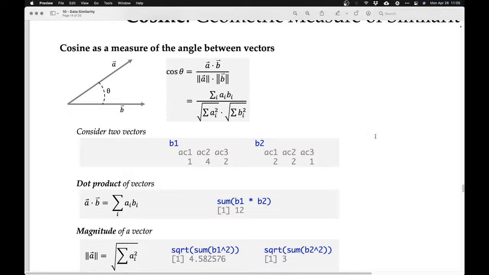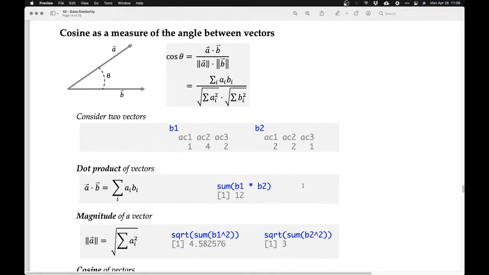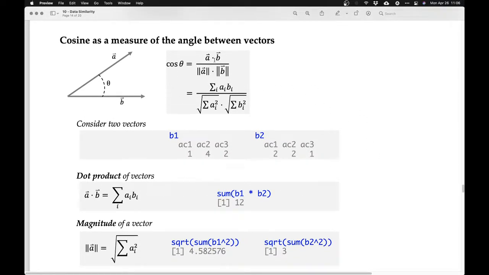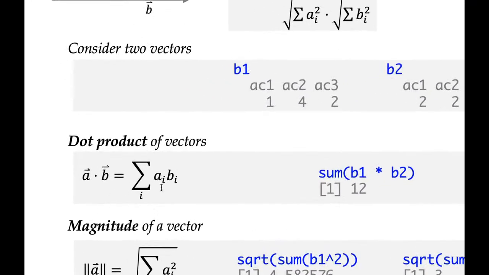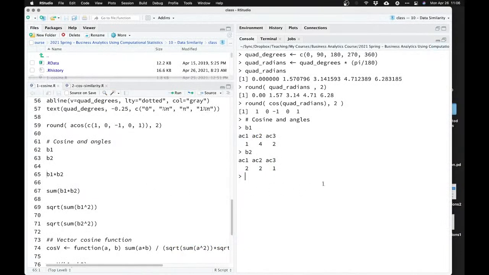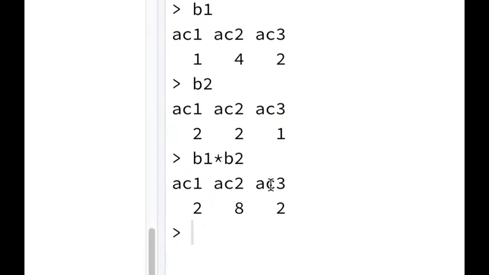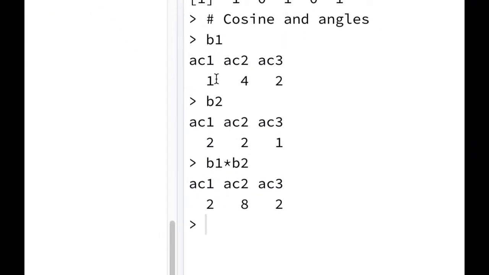Let's break down the cosine formula. The numerator is vector times vector, and actually it's the dot product of vectors. The dot product is defined as two vectors multiplied and then summed. How do we multiply them? Well, in R, pretty simple. B1 times B2. Do you notice what's happened here? How did R multiply B1 and B2?